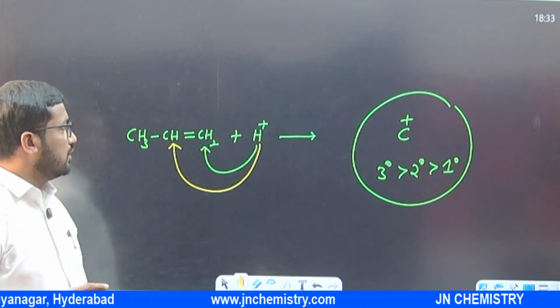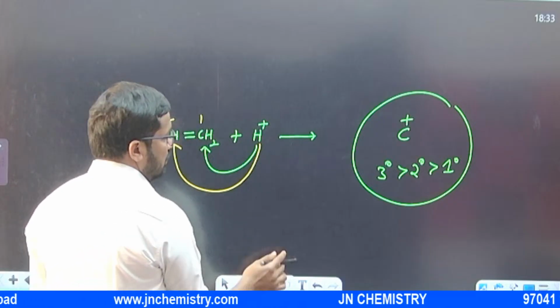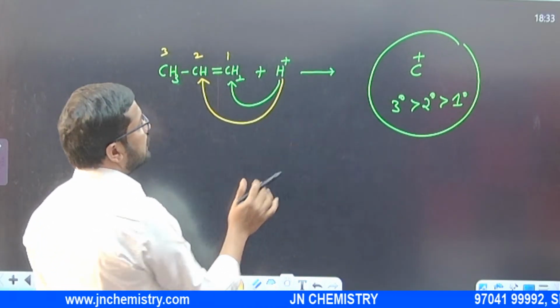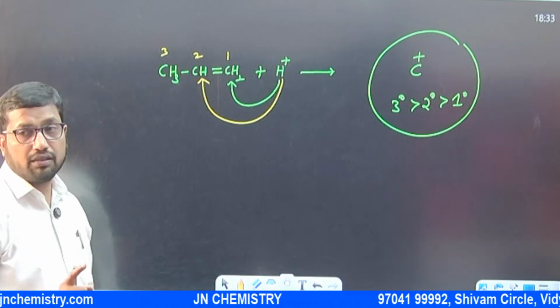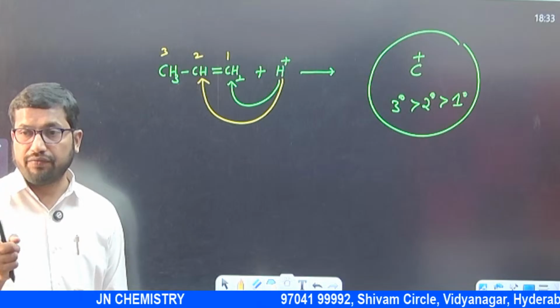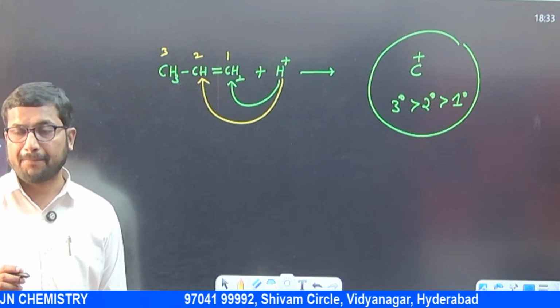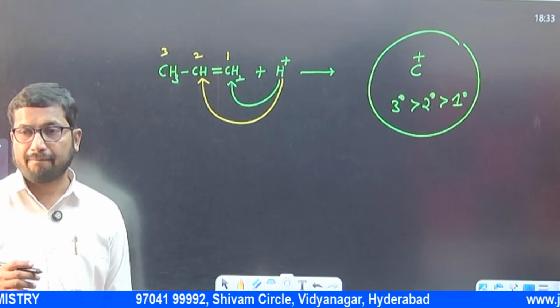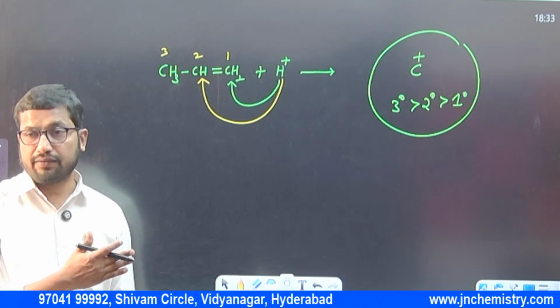Let me know. So this is first, second, third. The H plus is attacking majorly at which position? Second. Remaining students, everyone should tell me the answer. H plus will majorly attack at which position?